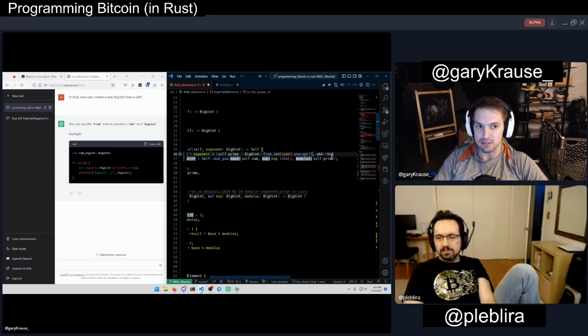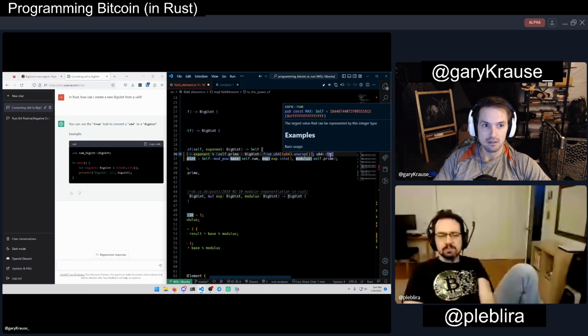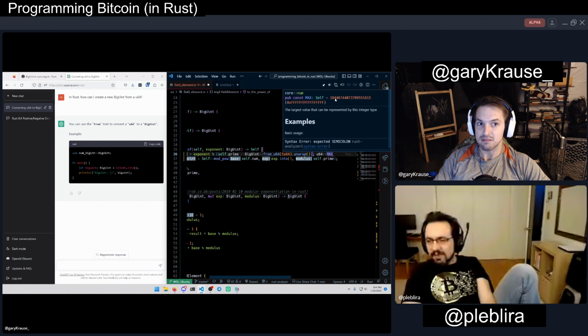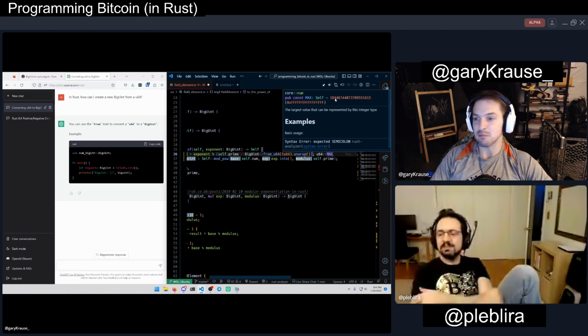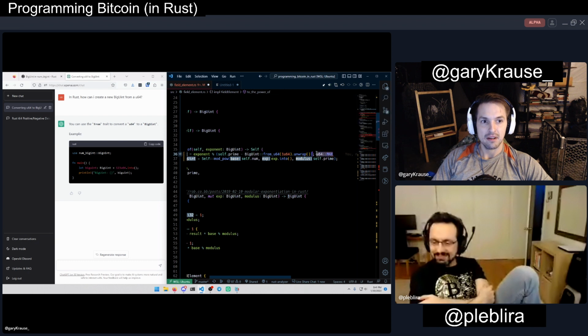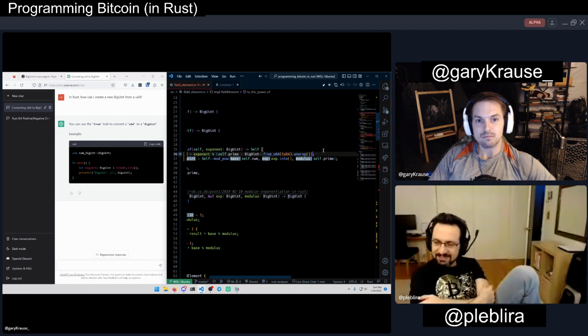U64 has a max value that is just this number, because that's the biggest value that can be represented with that many bits. Just not that big with what we're working on.